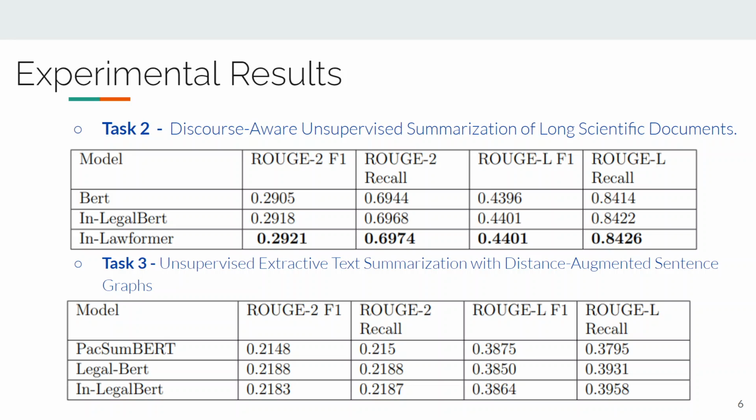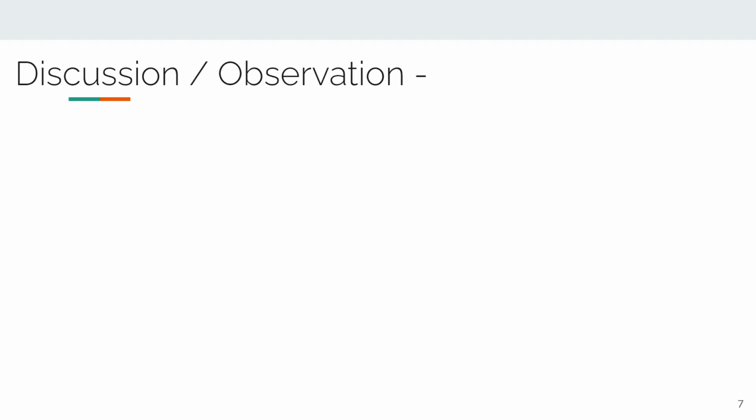Here we can see that the Indian LawFormer for task 2 performed better than its baseline model and the BERT model. The difference is not that significant, but still we can say that it performed better, and the domain-specific training helped the models learn better. Similarly, the Indian LegalBERT performed better in the ROUGE score than its baseline model, which is LegalBERT.